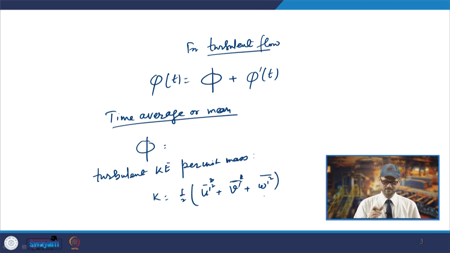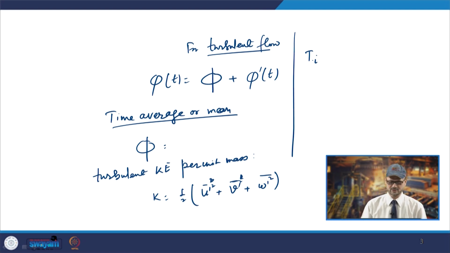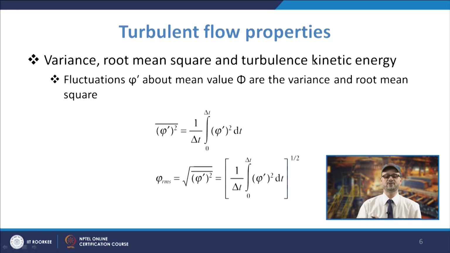Similarly, based on this you define the turbulence intensity. Turbulence intensity depends upon the average RMS velocity. Before that we need to know what the variance and RMS are. First, the variance is defined as 1 by delta t times the integral of phi prime square dt.